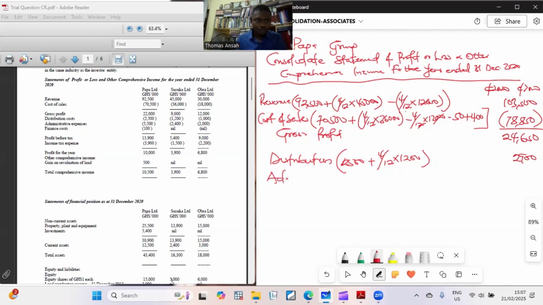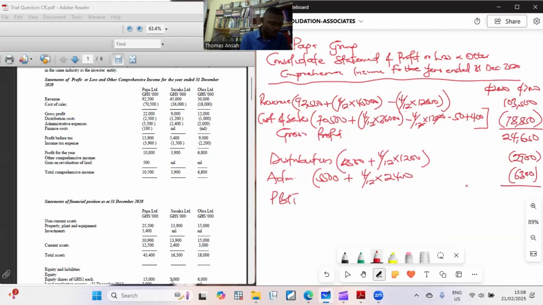Then we have admin. Admin is 5,500 plus 4 over 12 of 2,400. 4 over 12 of 2,400 is 800 plus 5,500, 6,300. And that should give me profit before interest and tax.